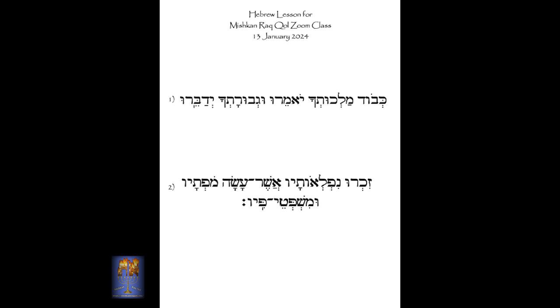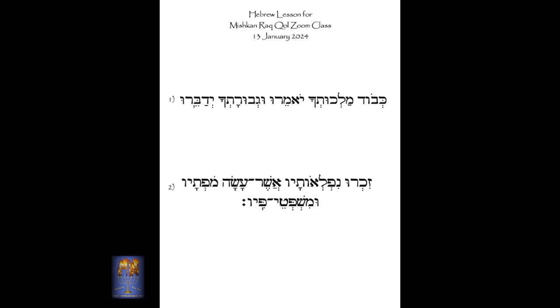So the yud here is a prefix meaning will, with a masculine gender attached to it. And then the u on the end, as a suffix, means they.